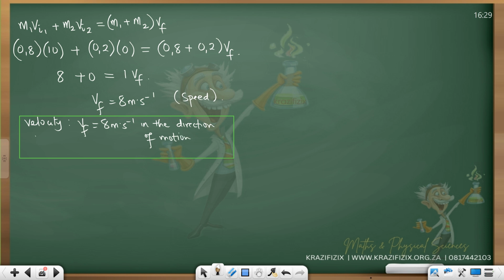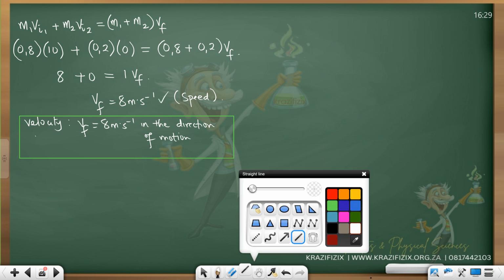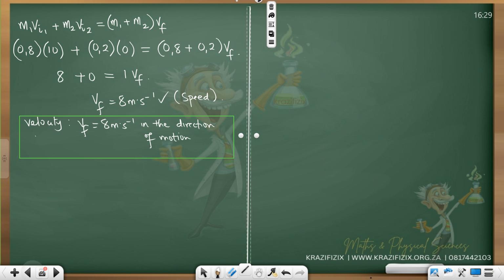Please take note, I'm trying to teach you something, the difference between speed and velocity. The examiner wanted speed, so we're fine. But if they wanted velocity, you have to include direction. So that's it. That's done.